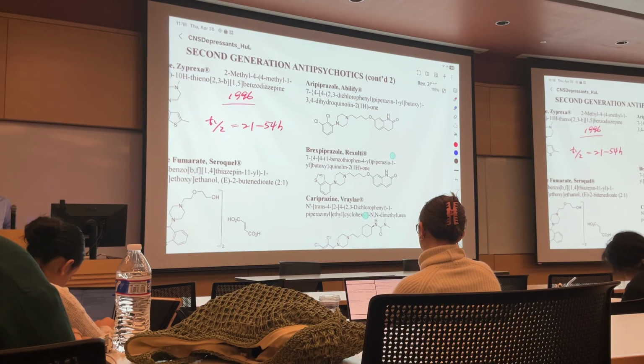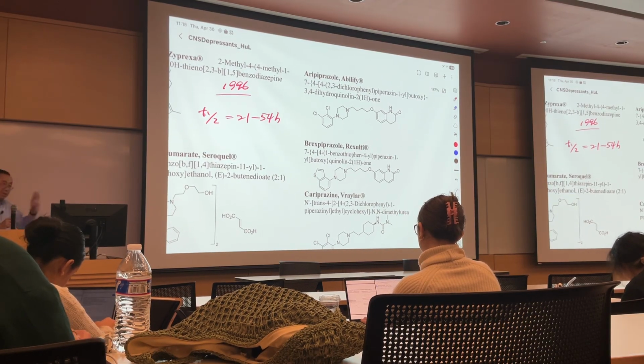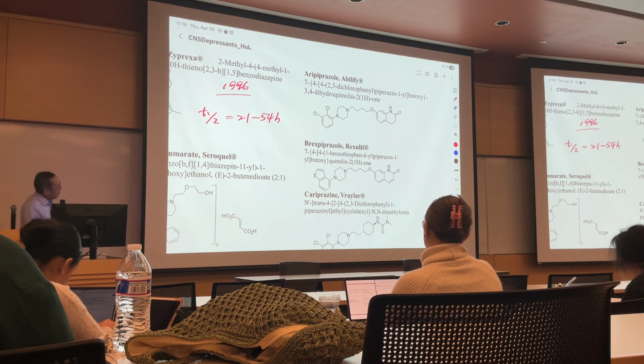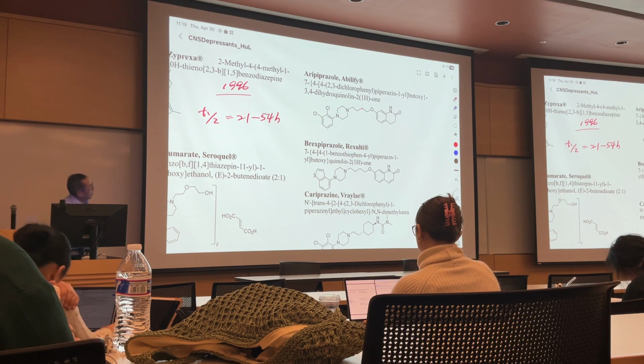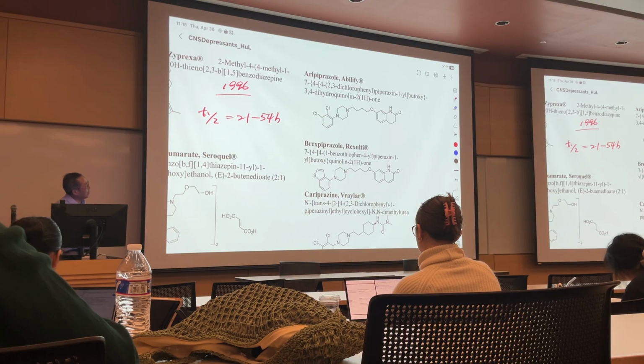So the next three drug molecules resemble what we have seen on the last page. You have an aromatic ring on the left-hand side, then a piperazine linker, then an alkyl ether, and another aromatic ring on the right-hand side.